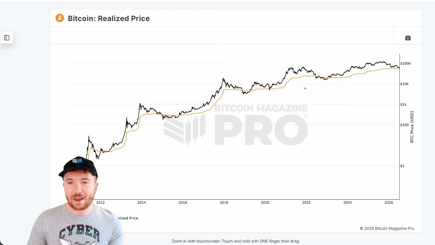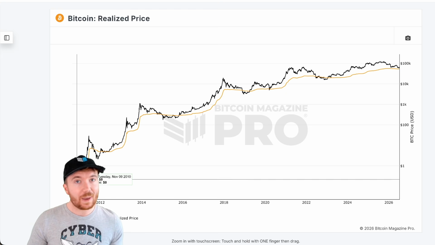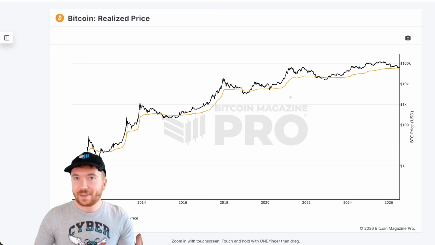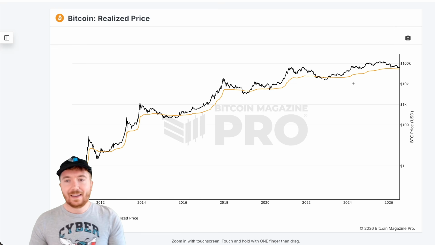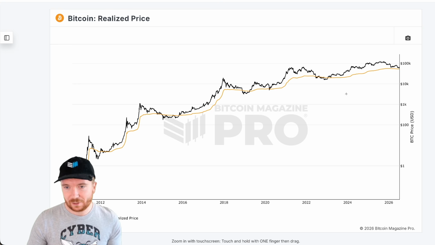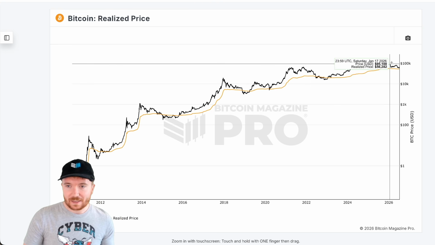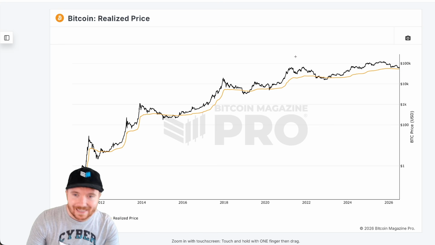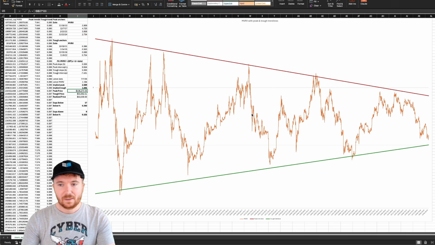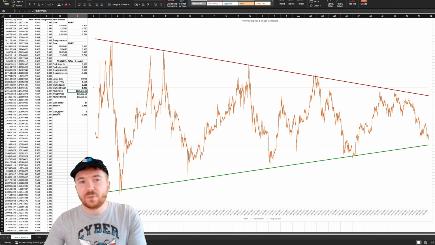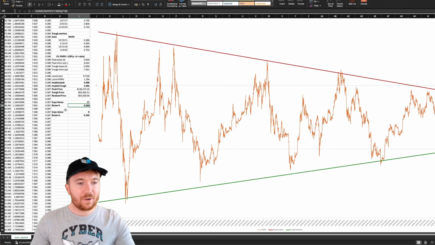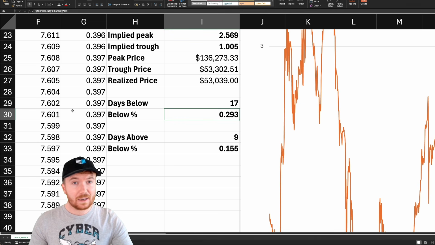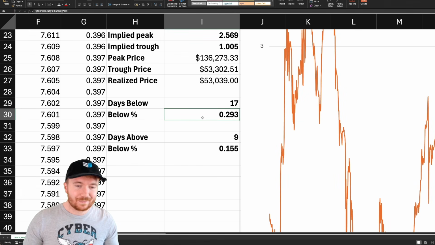And it makes sense that an asset that has gone from a few pennies to well over $100,000 is likely going to see contracting volatility, and those early adopters are going to be rewarded. So do I think the Bitcoin price is going to dip beneath the realized price? Well, as I said, we've done it before, but we're talking about a 99.7+% chance that we don't.